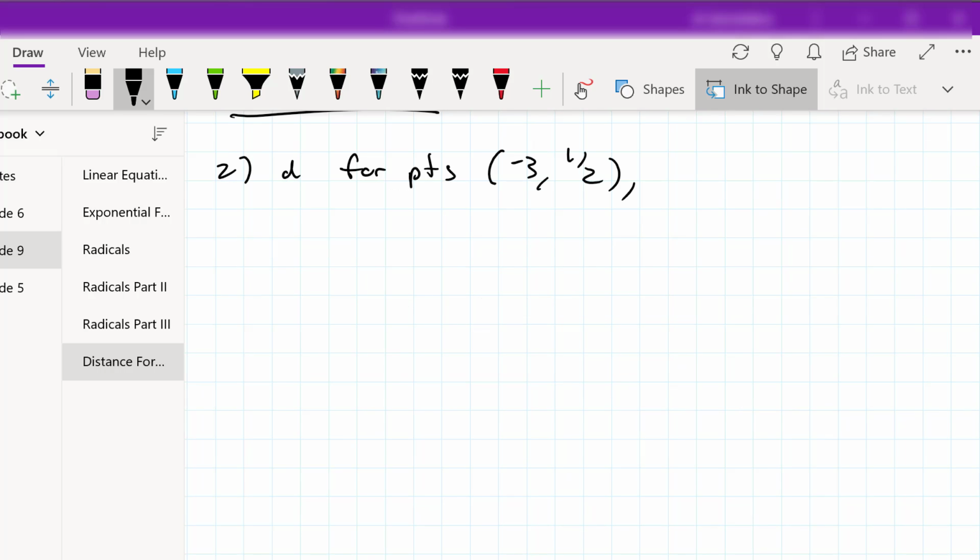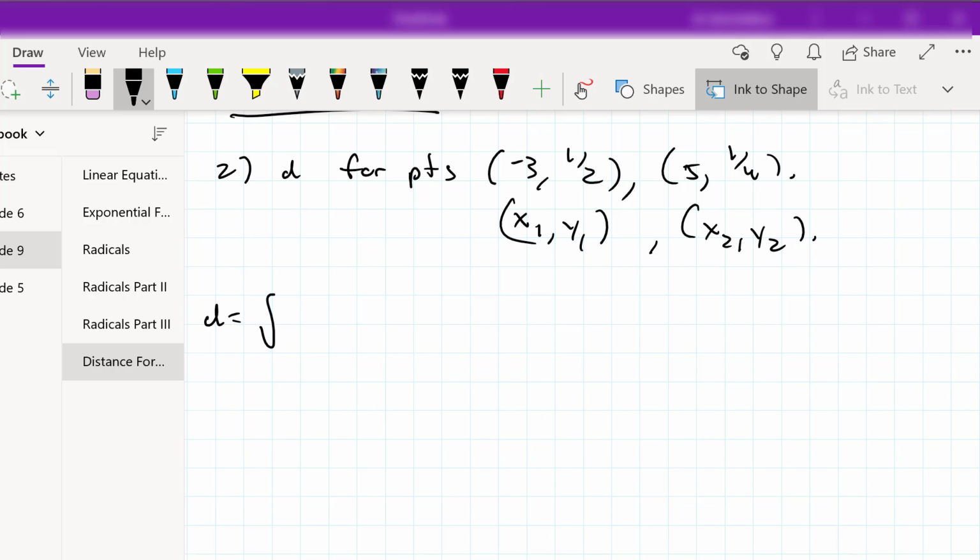Now let's find the distance between the points minus 3, 1/2 and 5, 1/4. We begin by identifying this as x1, y1, and this set of points as x2, y2. And we can say that D is x2 minus x1 squared plus y2 minus y1 squared.